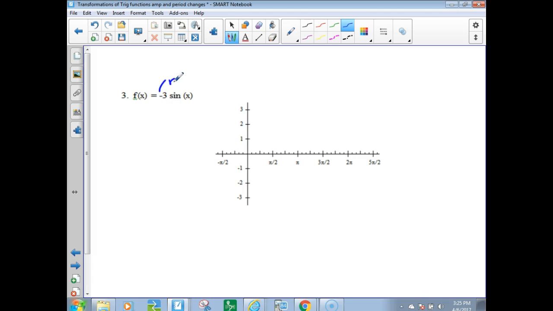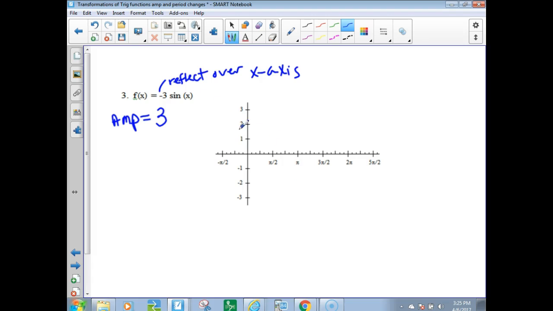This would make this graph reflect over the x-axis. So if I asked you, what is the amplitude? Aaron, what would the amplitude be? I was waiting for that -3. Amplitude's 3. The negative sign just reflects it.